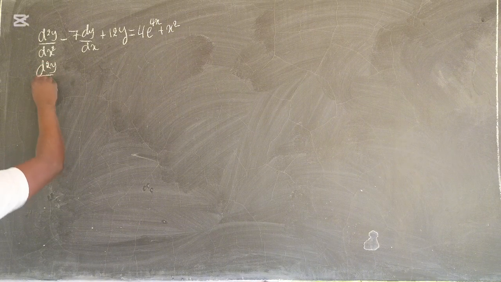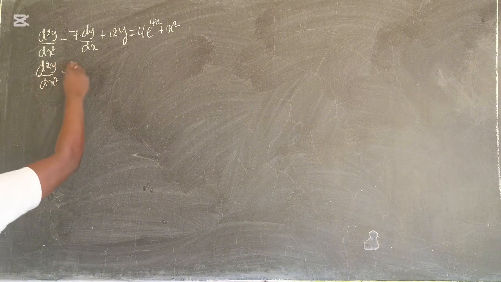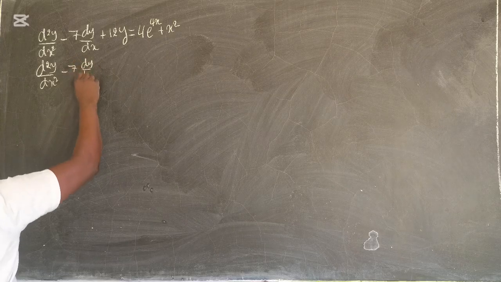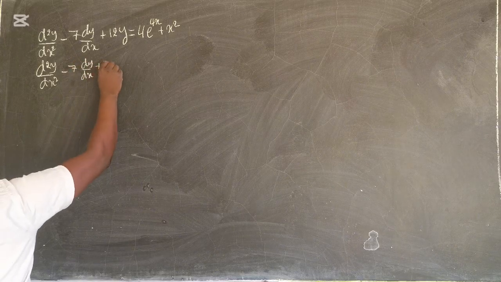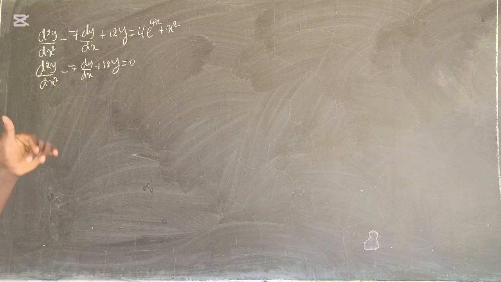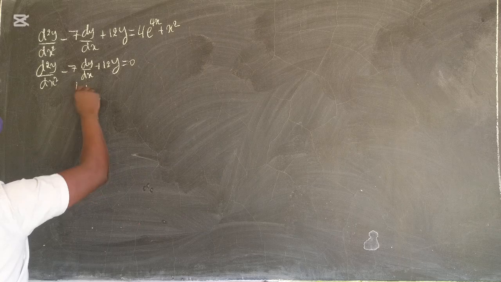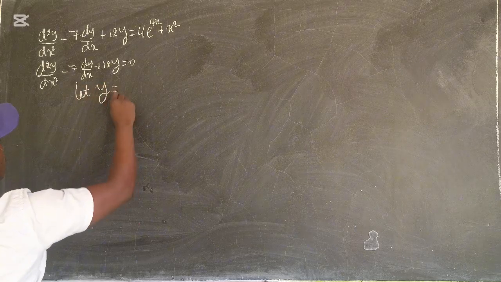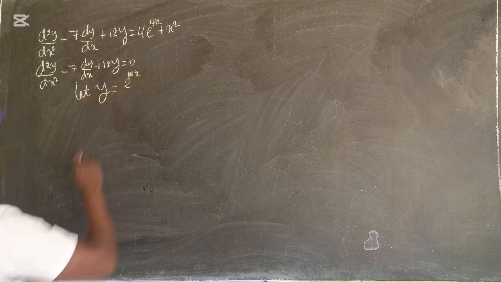Second derivative of y with respect to x minus 7 times the derivative of y with respect to x plus 12y, which is 0. To solve this, we assume the solution to be, we let y be exponential of mx.